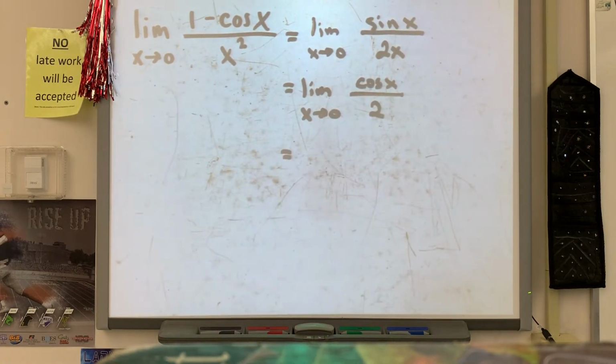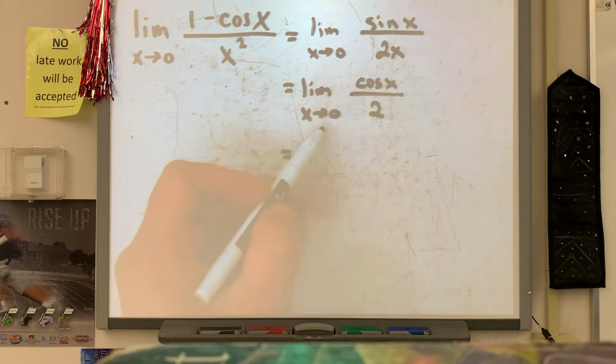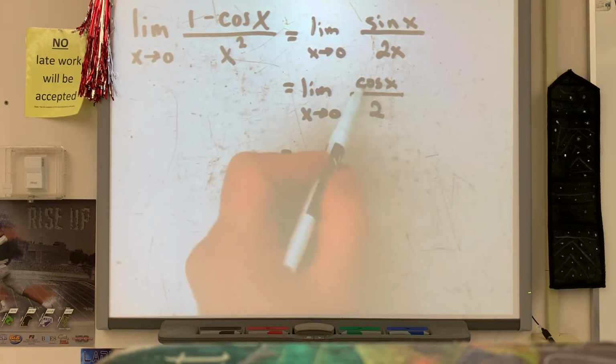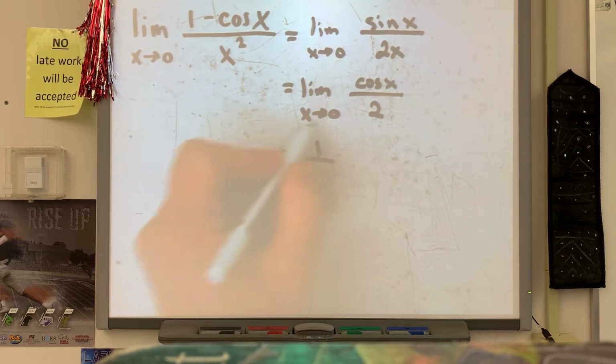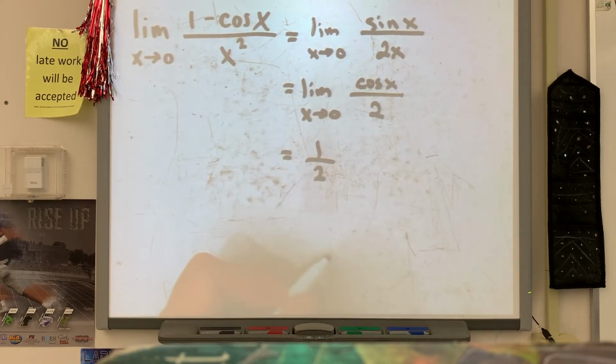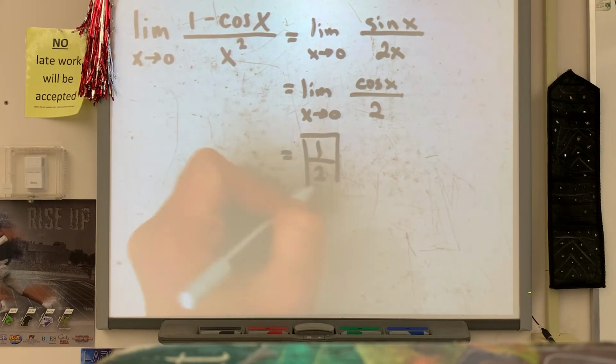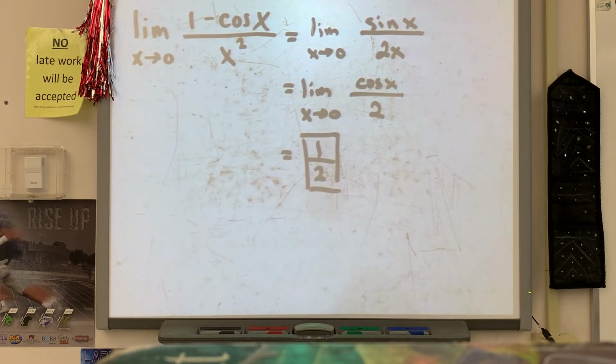Now can we evaluate by substitution? Let's check. Let's substitute 0 in for x. Cosine of 0 is 1, and our denominator is a constant now, 2. So there is the limit as x approaches 0 of that expression: 1/2.